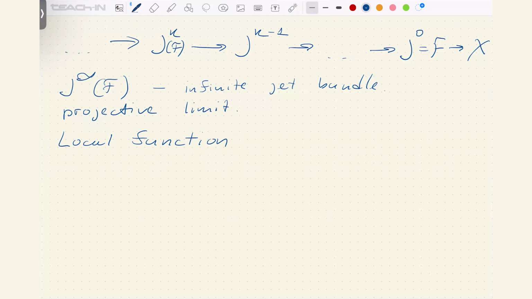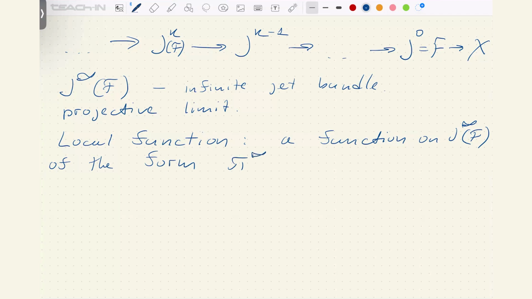A local function is just a function on J^∞ f of the form (π_∞k)^* of f, where f is from C^∞(J^k f).